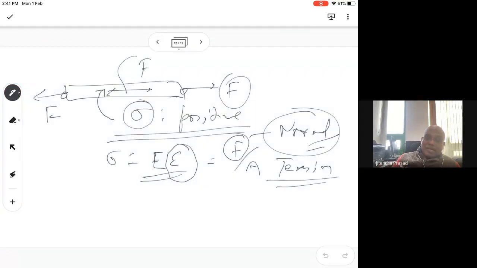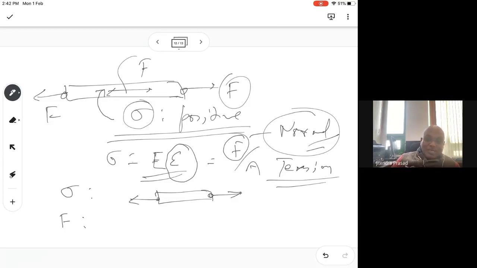For example, in this case, there's a meaning of stress, and there's a meaning of force. Even if you're talking about the stress, on the left-hand side it is in the negative direction and on the right side in the positive direction, still the stress will be positive, basically, right?